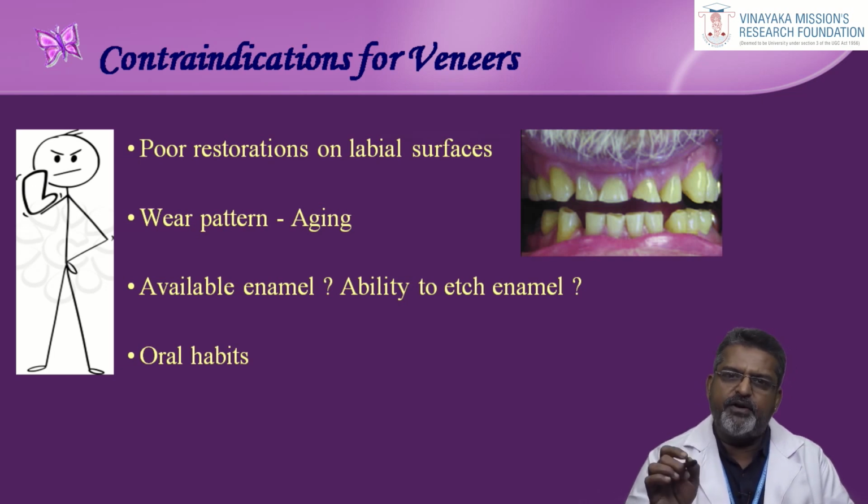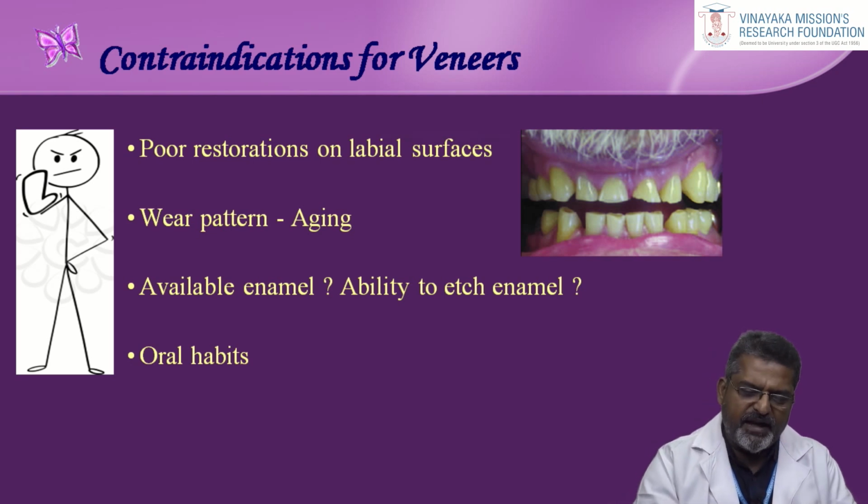So if you see a poor restoration when you decide for veneering, better do a re-restoration if it is possible, and then go for your veneering. If not, the poor restoration on your labial surface is an absolute contraindication for your veneering.